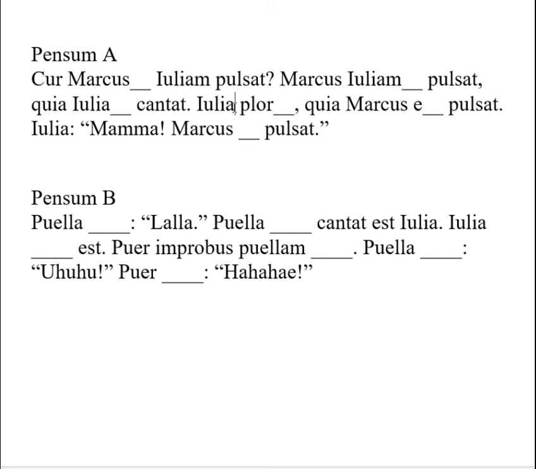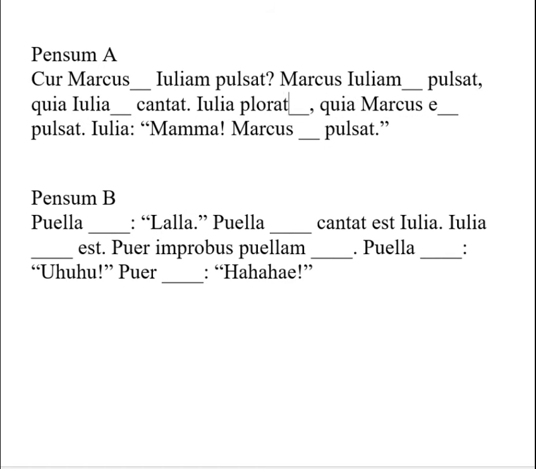There's no other word which needs it, and there's no other blank that we can fill in. So if it's plorat, then we know that it is an intransitive word, which means that it doesn't need an object. It just needs a subject. So, Julia plorat. There we have the next answer.